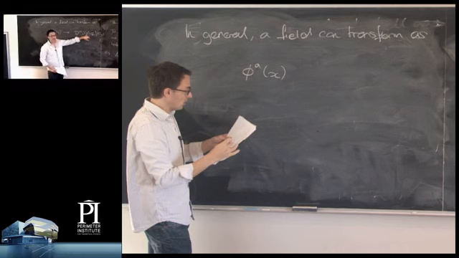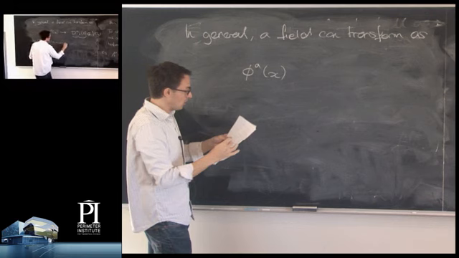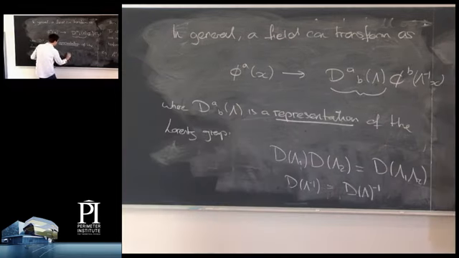The matrix should depend on which particular Lorentz transformation you're doing, and it should have certain properties. And these properties are such that mathematically we would say that it's a representation of the Lorentz group. Okay, so what does it mean that it's a representation of the Lorentz group? Well, basically, it just reflects all the multiplication properties of Lorentz transformations.